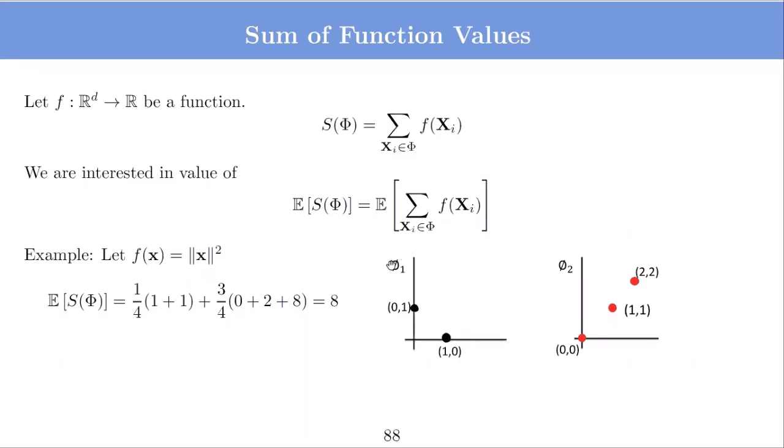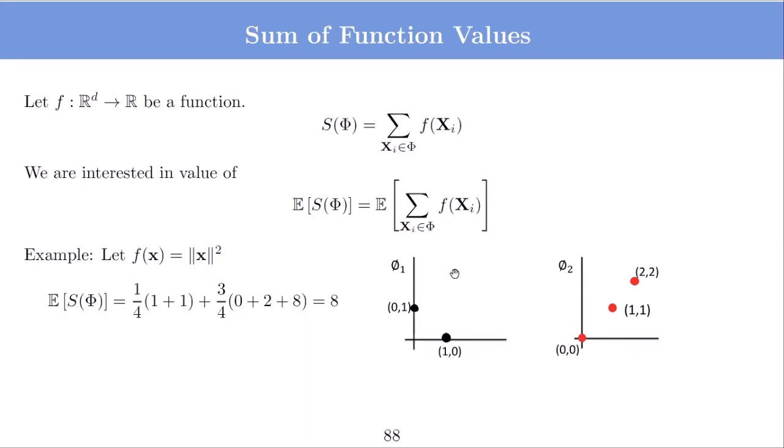And what is the probability of that? It is 1 by 4. So S takes value 2 with probability 1 by 4. Similarly, if this is the realization, the value is 0 plus 0 square 0, 1 plus 1 square 2, and 2 plus 2 square is 4. Sorry, 4 plus 4 is 8. So the value here would be 10. And this happens with 3 by 4 probability.